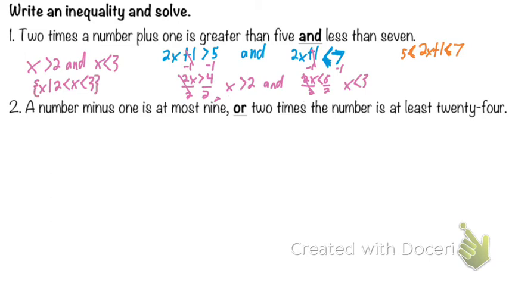Now to solve the one on the far right, we do the same thing. We subtract 1 to the left and the right as well. So we have 4 is less than 2x less than 6. Divide by 2 in the middle, but also on the left and the right. So we get 2 is less than x, which is less than 3, the exact same thing, and we could also put that in set notation.